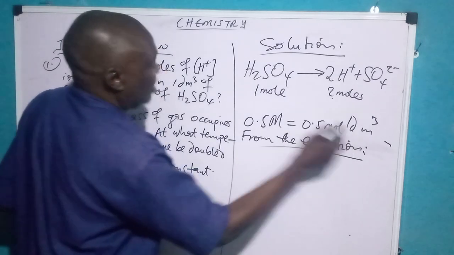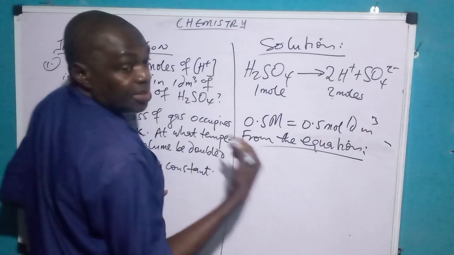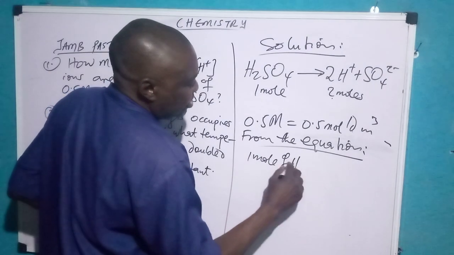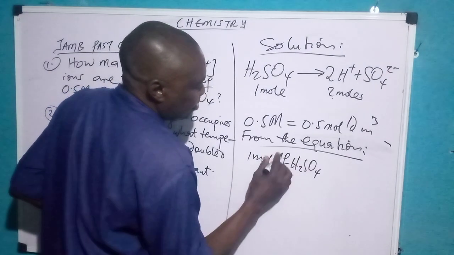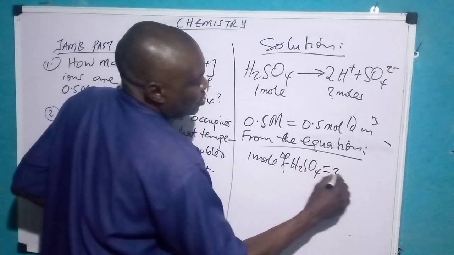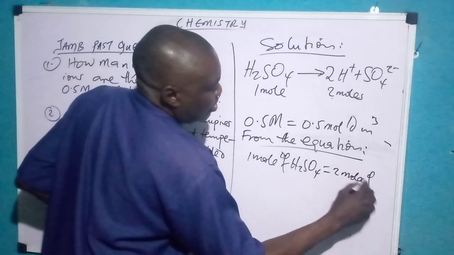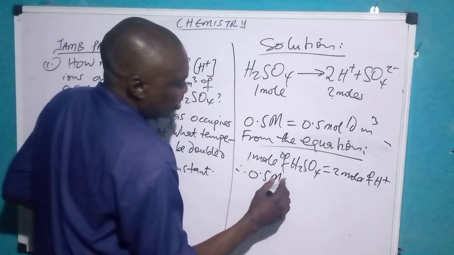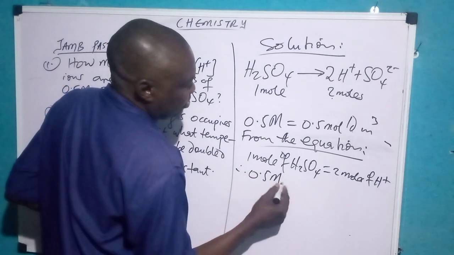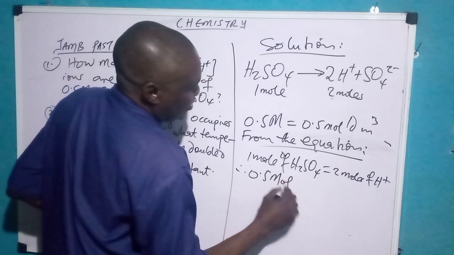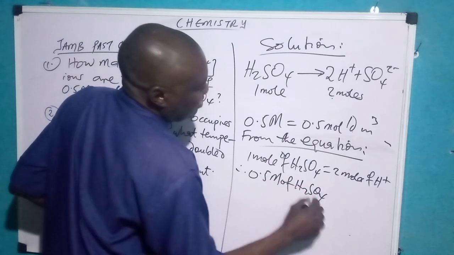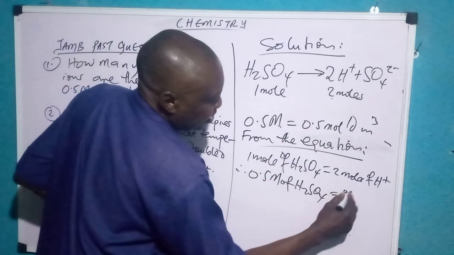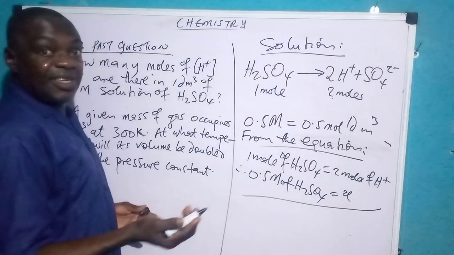This is dm cube per dm cube, and the question also is in dm cube, so there's no need to convert. 1 mole of H2SO4 is equal to 2 moles of hydrogen ions. Therefore, 0.5 mole of H2SO4. Remember we said 0.5 molar is equivalent to 0.5 mole per dm cube, equivalent to X. The same pattern we will be using, to make it very easy for you.